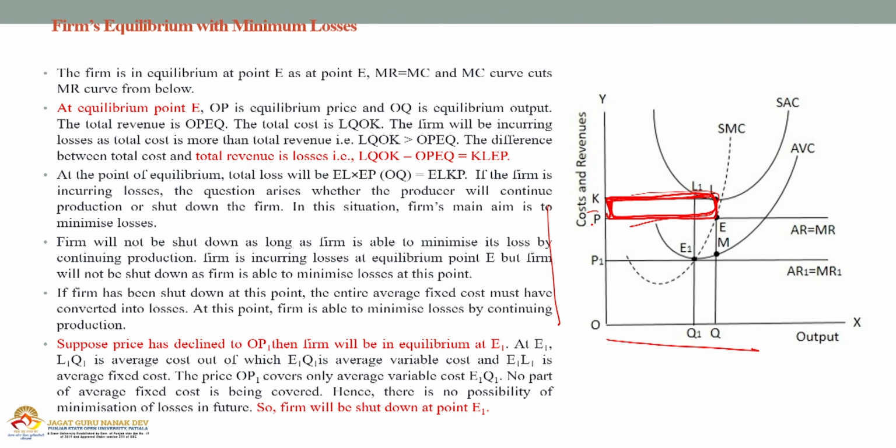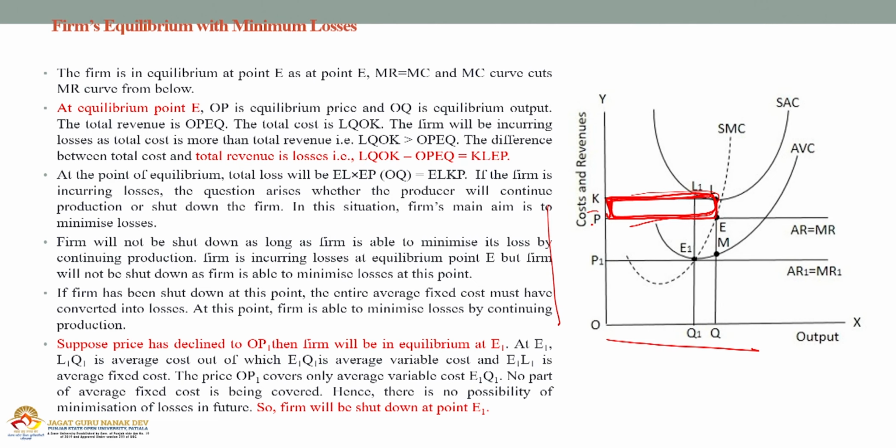Because if at that point any producer shuts down the production, total fixed cost will also turn into losses. So it's better to continue production till, no doubt, the firm is incurring variable cost losses, but the firm is still covering its fixed cost.